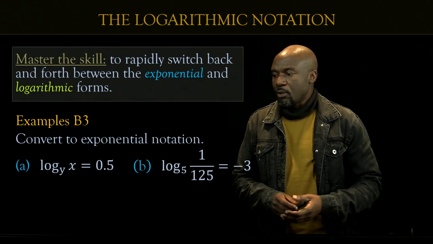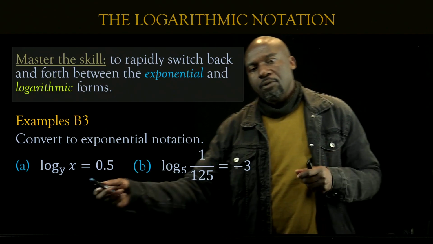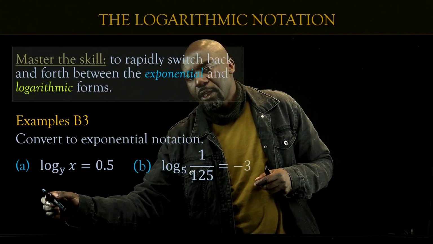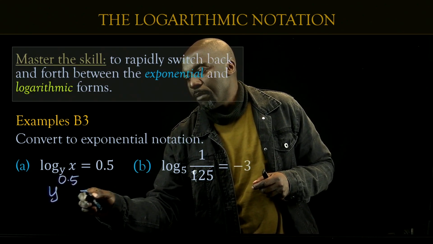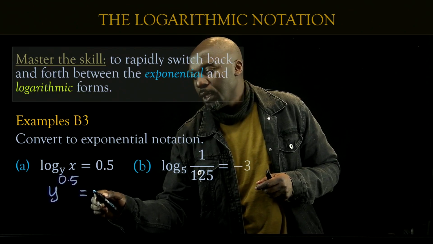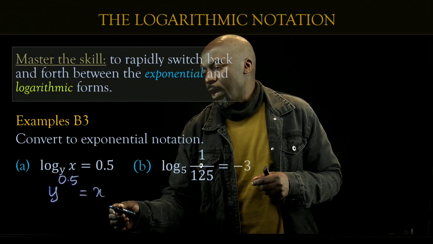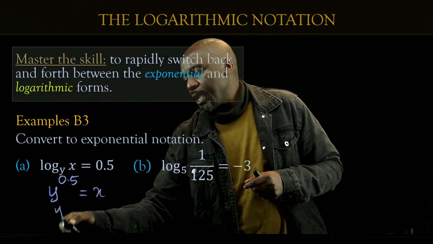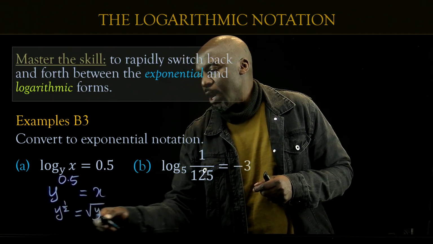All right, so clearly this is going to be y to the power of 0.5. So I can write here y to the power of 0.5 must be equal to x. Now power 0.5 also means power a half. This can be written as y power half, which is also the square root of y.